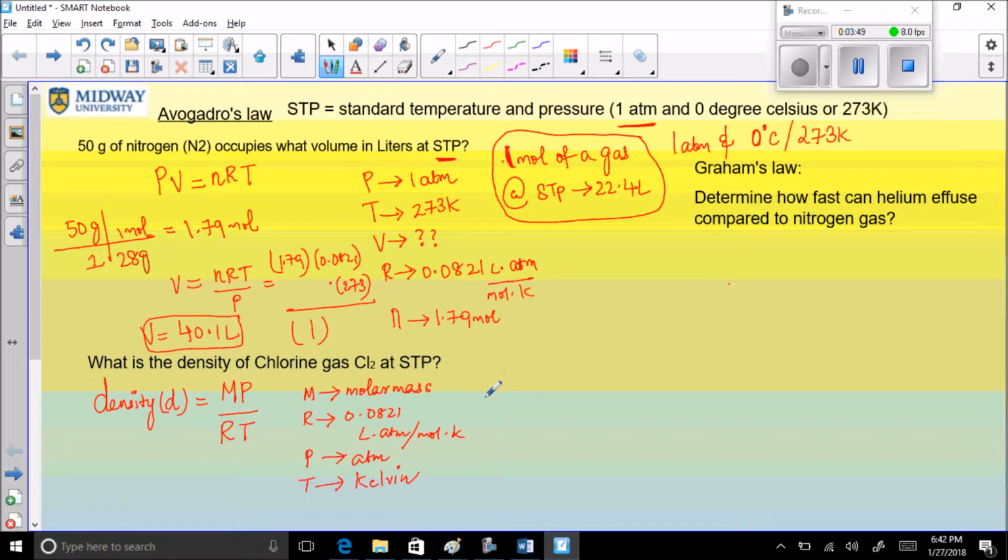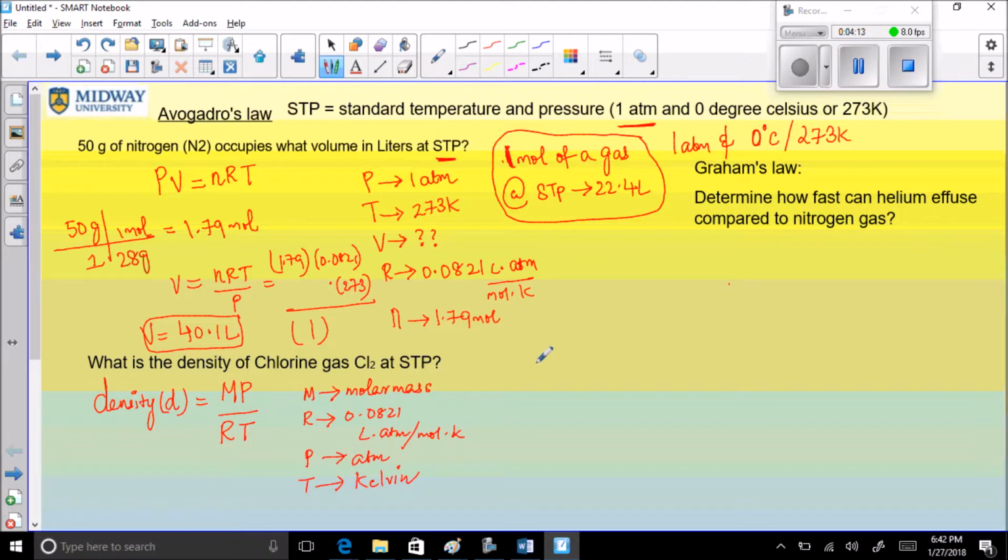Now, this is another interesting problem. What is the density of chlorine gas at STP? If you are interested in how I derive this formula, you can just ask me in class. But there's a shortcut: density equals M times P over R times T, where M is molar mass, P is pressure in atm, R is the gas constant, and T is in Kelvin.